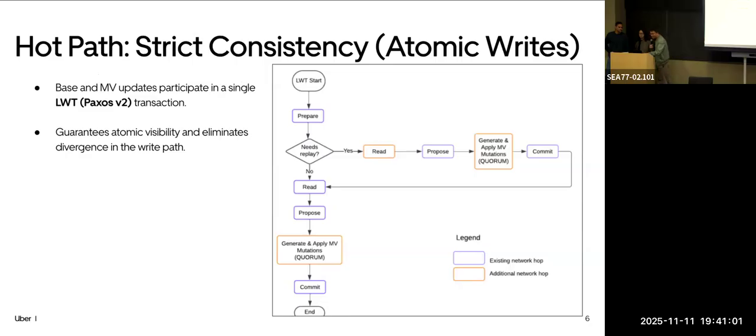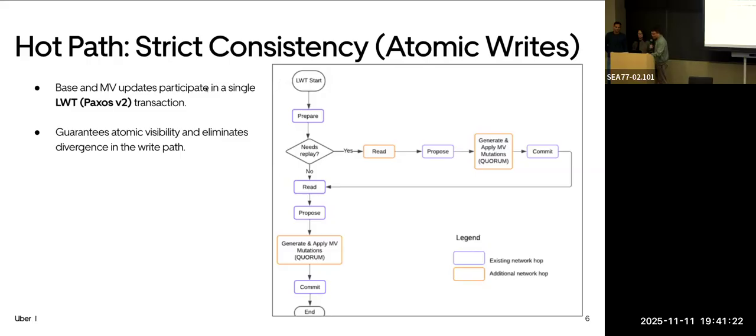Yes, you can check the left side of this LWT path. This is built on Paxos V2. Basically, with Paxos you need to do prepare, propose, and commit, all three processes.